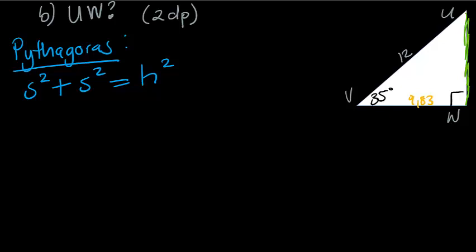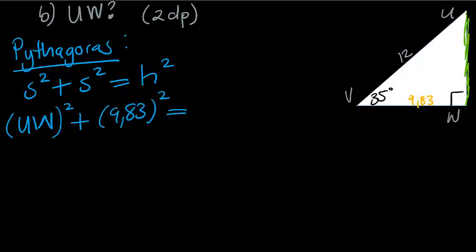Let's substitute values. UW is the one we don't have. I'm going to write it like that because I want you to be able to see different ways of writing values. So UW squared plus 9,83 squared is equal to hypotenuse, which is 12 squared.